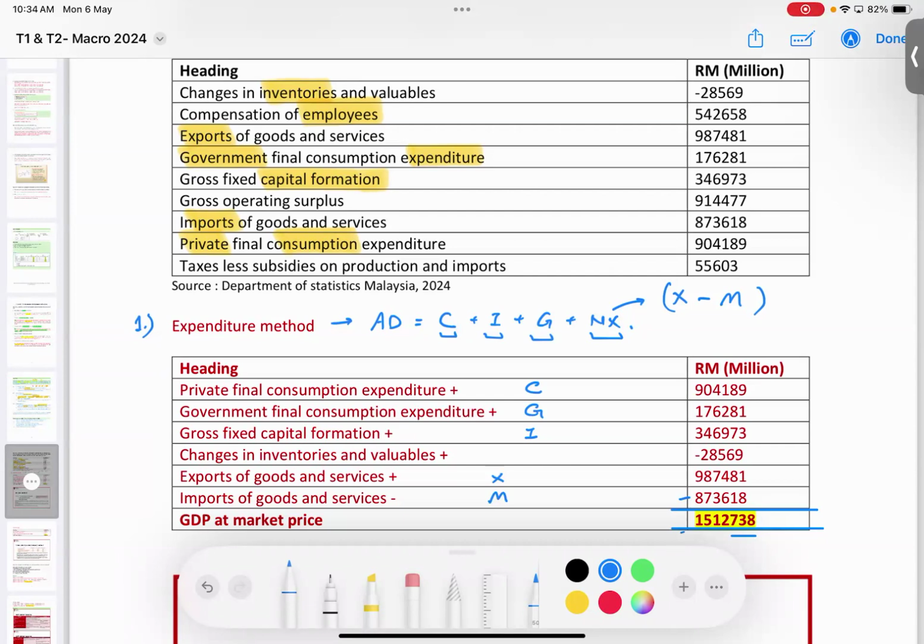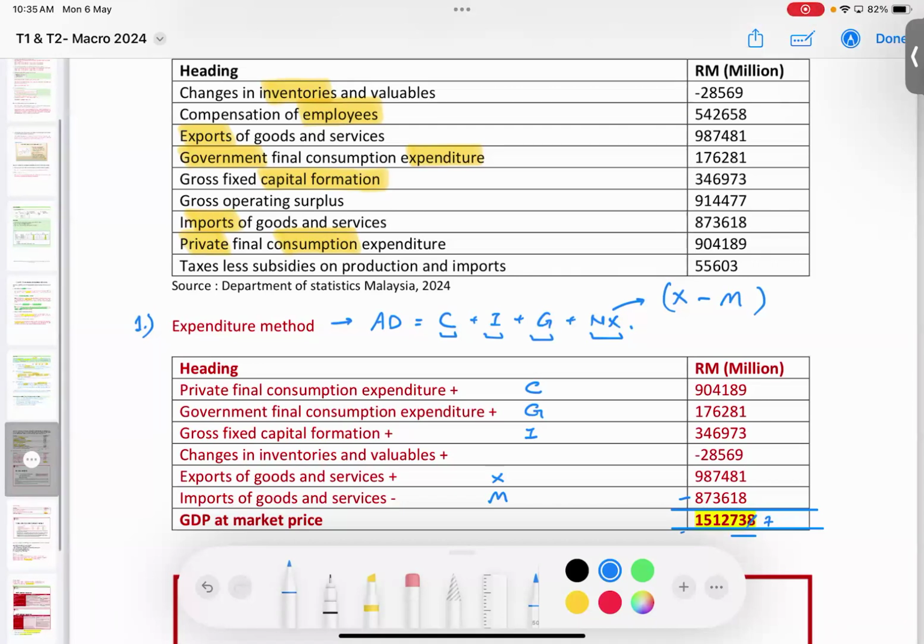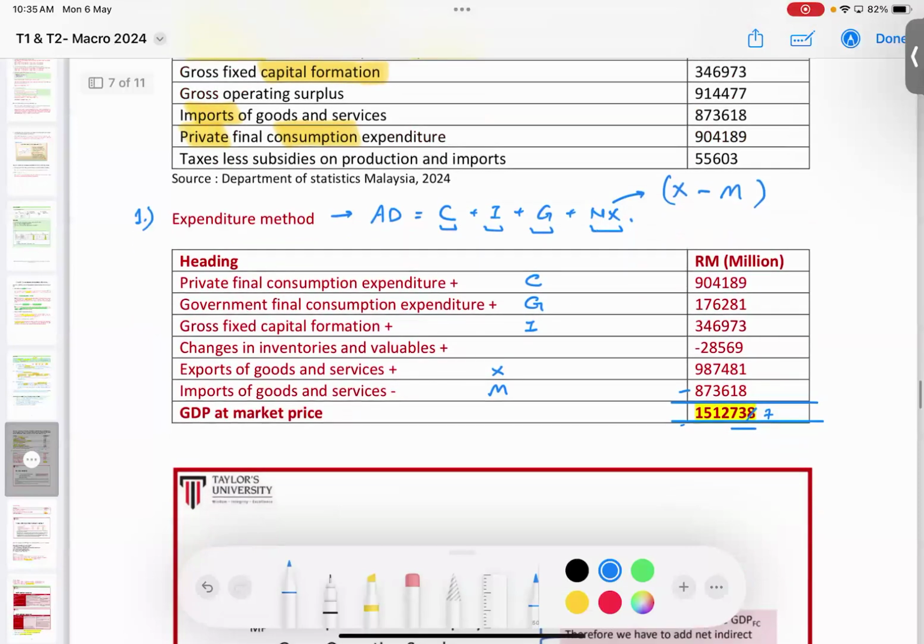Yeah, 737, right? The last three digits. Okay, so the answer is correct.